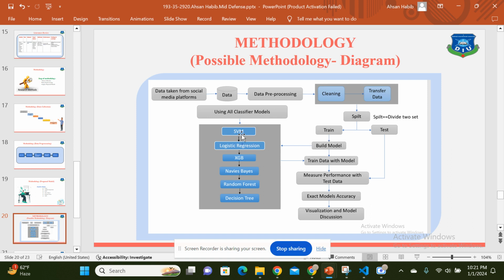The models are SVM, logistic regression, XGBoost, naive Bayes, random forest, and decision tree. Then train the model with data, then measure performance with test data, then we check the accuracy of this model, and visualize and discuss the model.